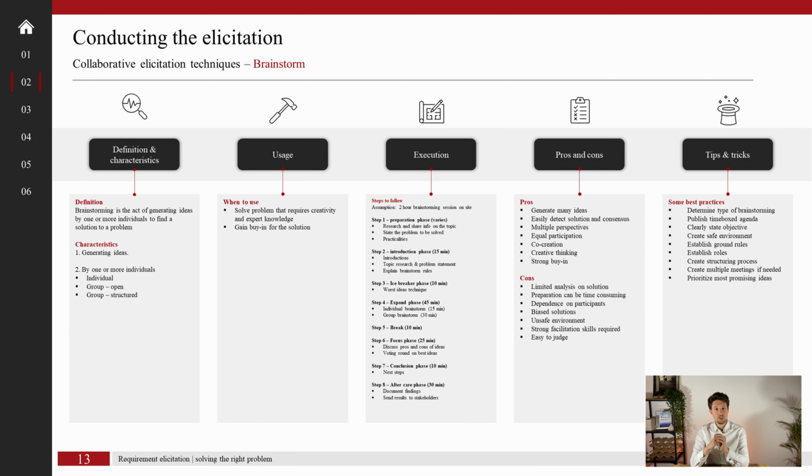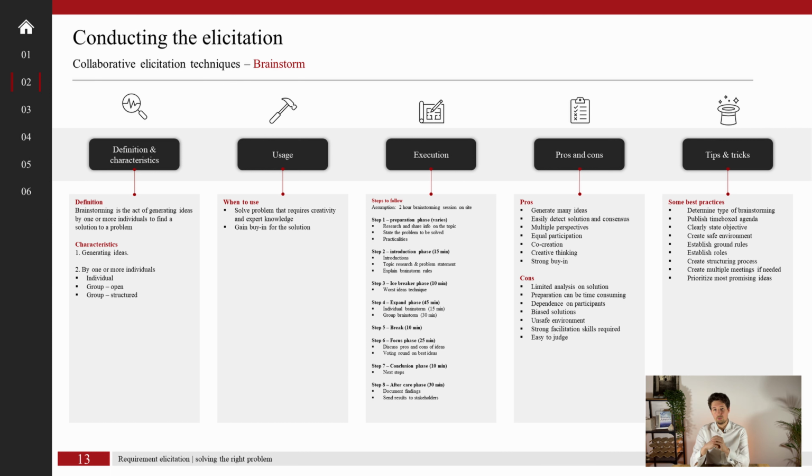The preparation work can be quite lengthy, especially for structured brainstorms. There is also a strong dependence on the expertise in the room. As I mentioned before, garbage in equals garbage out. You have to be careful of biased solutions due to strong-willed people. Make sure that everybody gets a voice during the session. You have to also make sure that you create a safe environment.